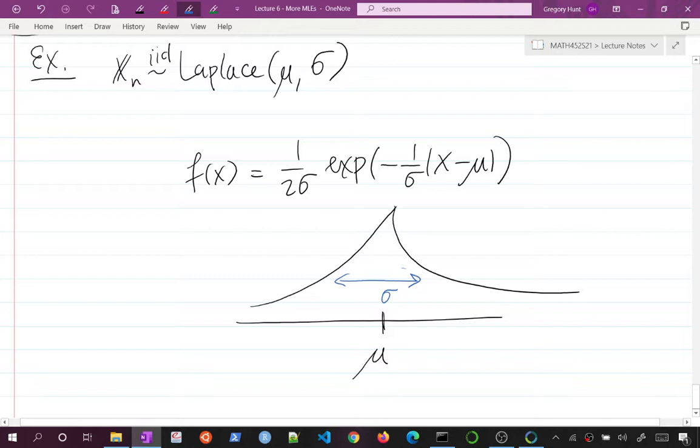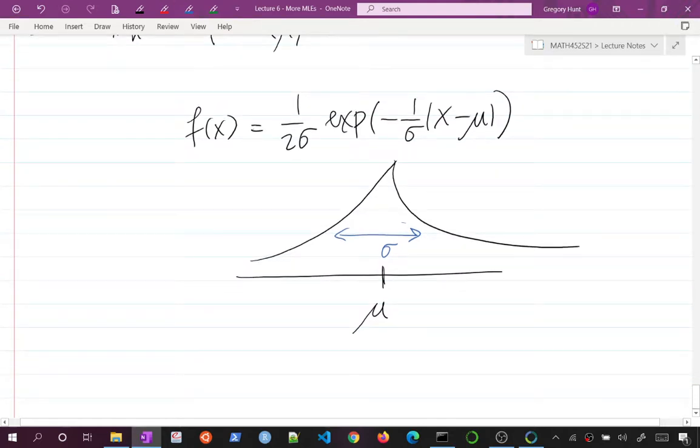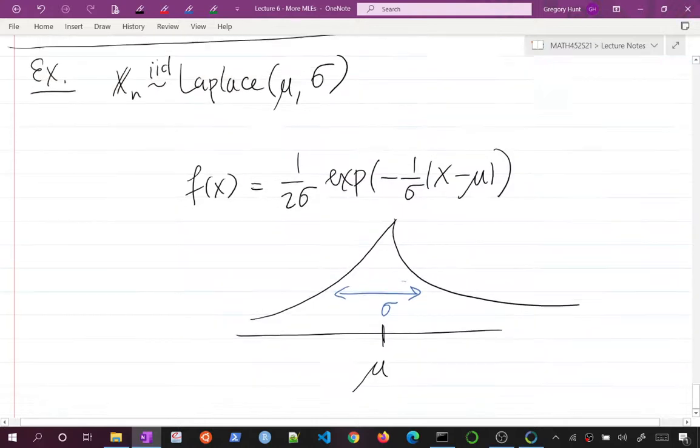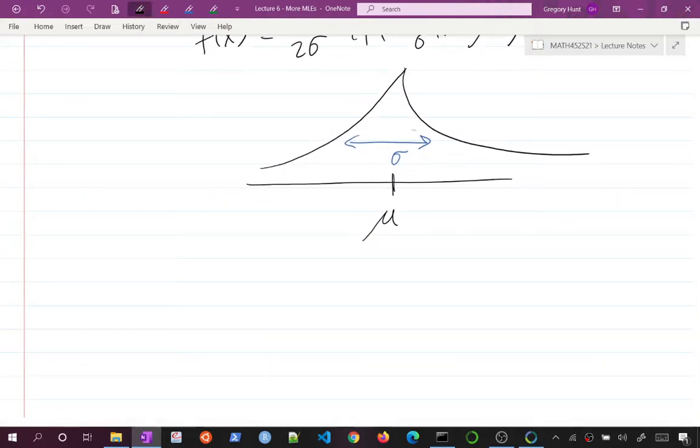It looks kind of like a tent. Instead of being smooth, it's actually going to be not differentiable at that point there, which could cause some issues in finding an MLE. But it's again a two-parameter family, and so you can ask for the MLE. In general, two-parameter families could be really complicated, but this is pretty nice.